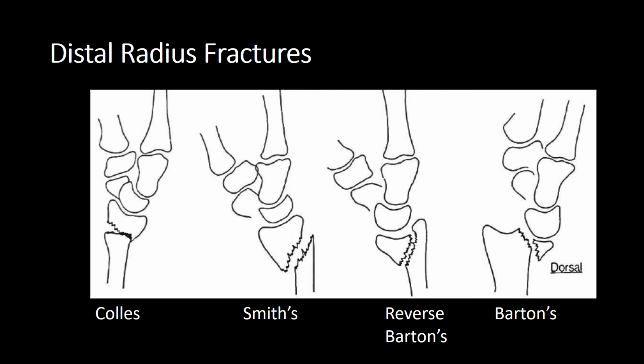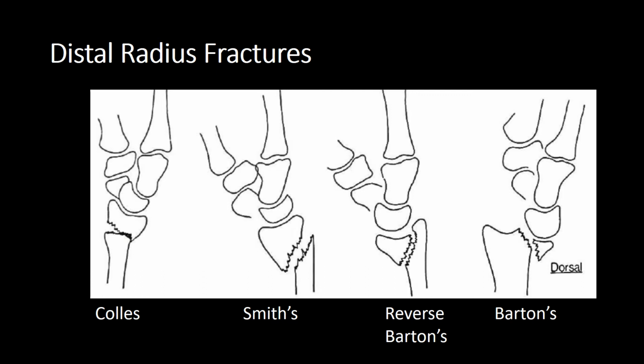So when you look at a post-reduction image, because a Colles fracture is dorsal angulation of the distal fragment, the patient is casted with a back slab on the dorsal side of the patient's wrist, because this will then prevent the fracture from continuing to displace dorsally.